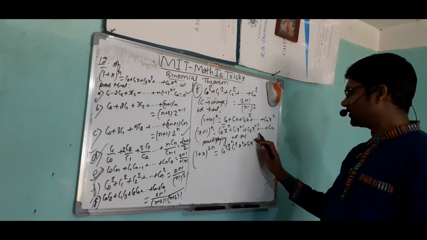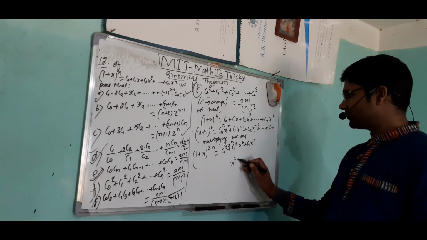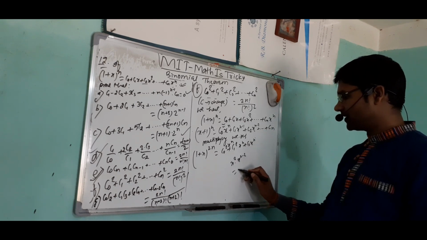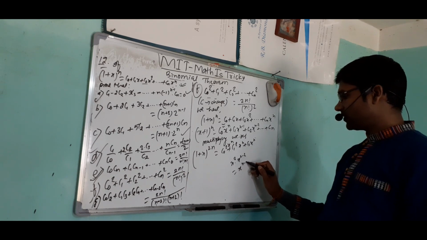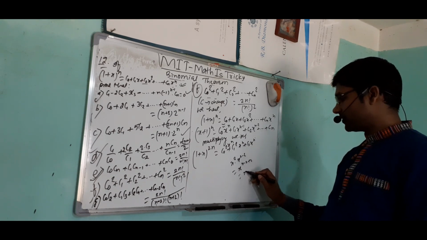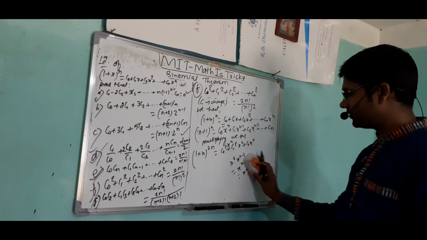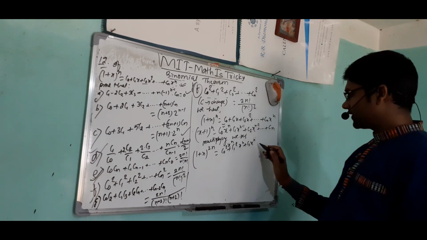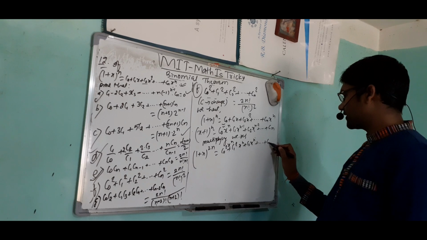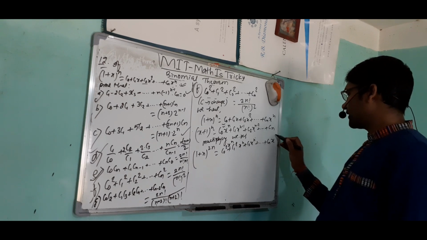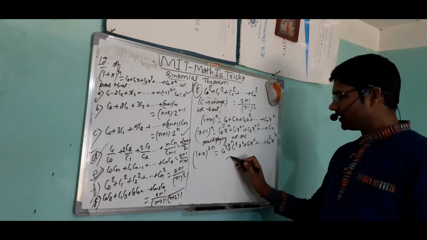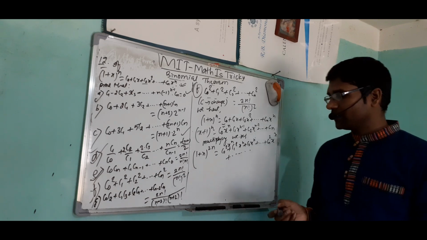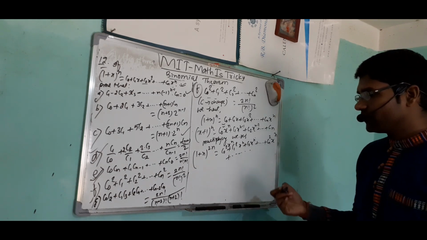See here how we are getting x into x power n minus 2, so that will be getting x power n minus 2 plus 2, it will give here x power n. This is how I'm writing. Okay, don't be confused, it's very simple. So dot dot dot at last Cn x power n, and this is whole square, and so many other terms will be there. We don't take all these terms, so whatever we need we are writing here.